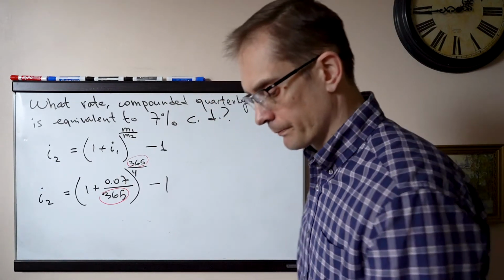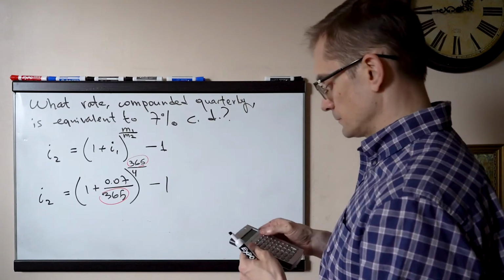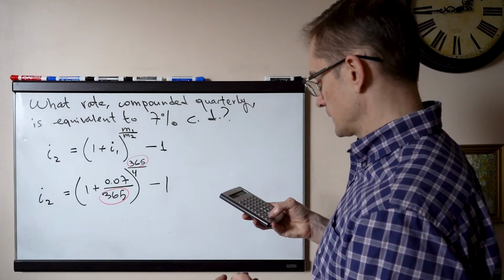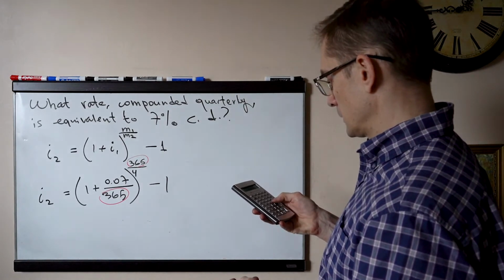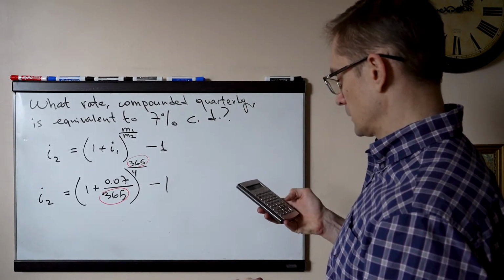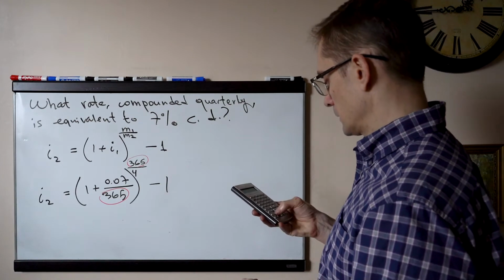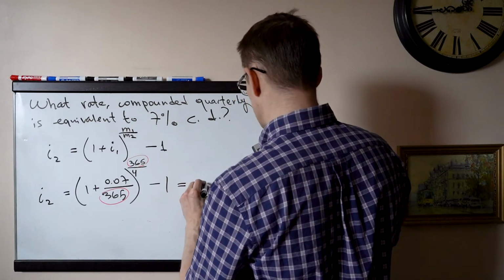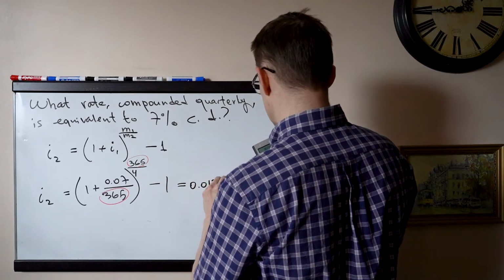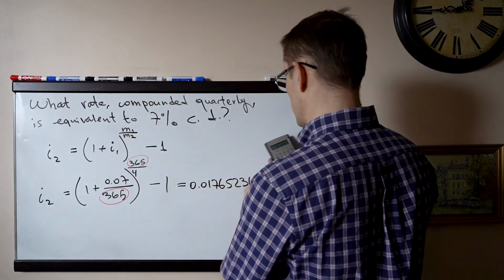So let's now calculate this. So the I2 is 0.017652315.